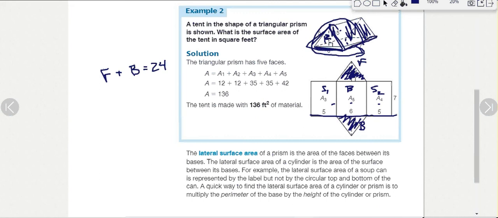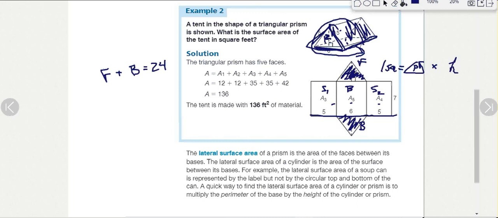So to find the LSA in this case, the lateral surface area is the perimeter of the triangle, which doesn't need a formula unless you are missing a side, then you have to use the Pythagorean theorem, times what? Perimeter of the base times height.